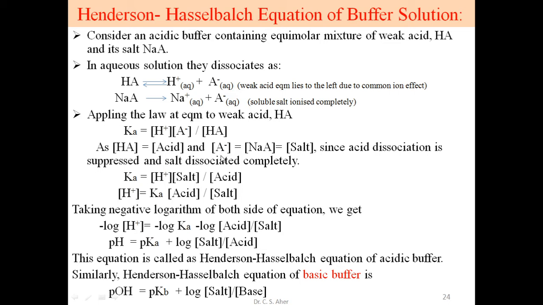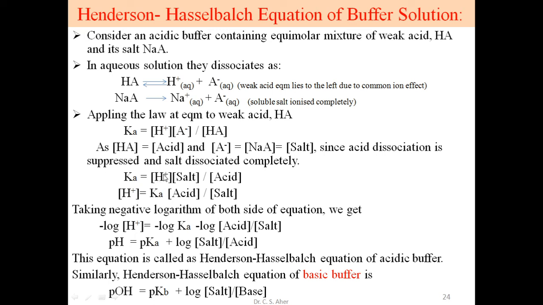So the concentration of A- is the concentration of salt, and HA is the acid concentration. So we put H+ as H+, A- as the salt concentration, and HA as the acid concentration. Now we require the concentration of H+.